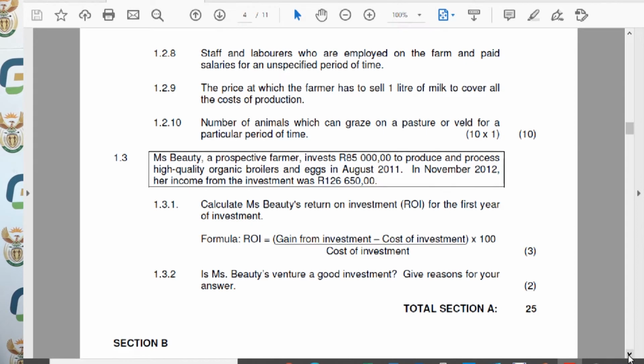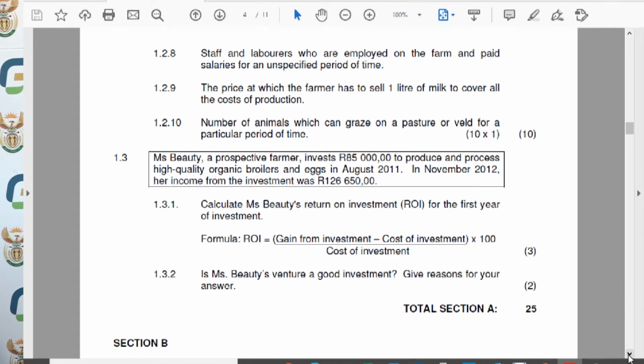The formula that we are going to use is as follows. Return on investment is equal to gain from investment minus cost of investment, over cost of investment, times 100.